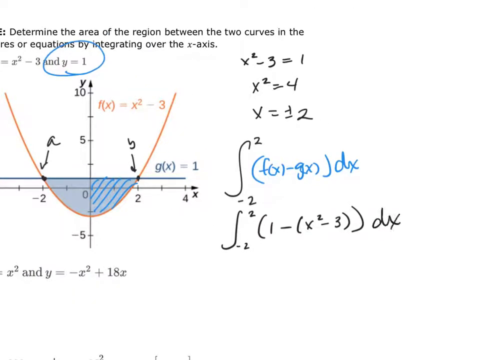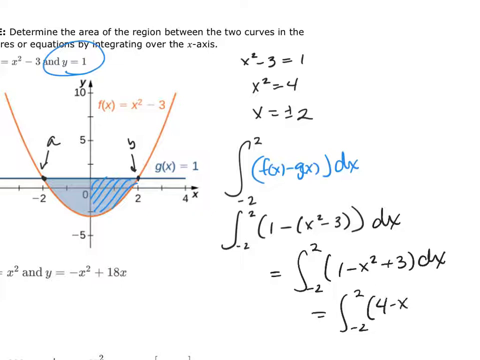dx, which is equal to negative 2 to 2 of 1 minus x squared plus 4 plus 3, because I already did the addition, plus 3 dx, or in other words, from negative 2 to 2 of 4 minus x squared dx.